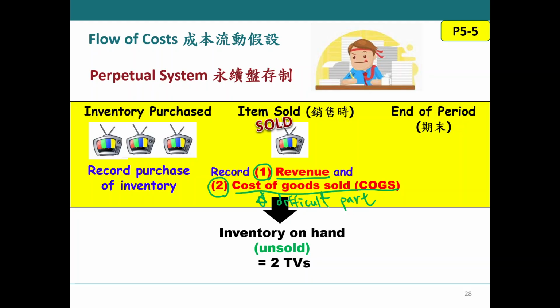So I can know what's their cost of inventories for 2 units. Okay, so you are hard workers, you record everything, then you will know everything anytime. So that's quite important because you got all the information we had.